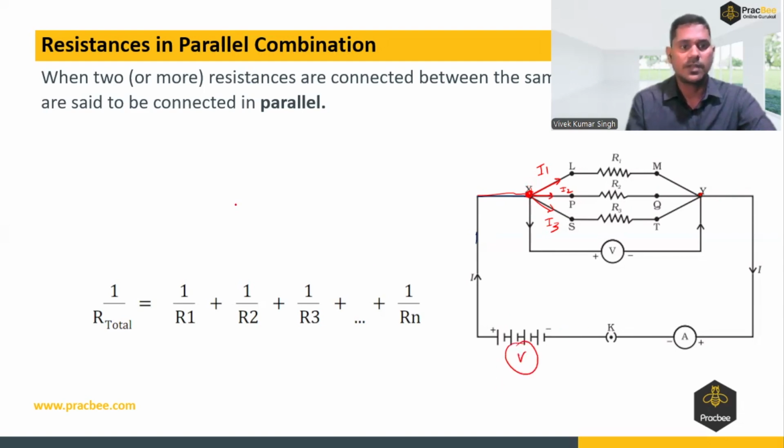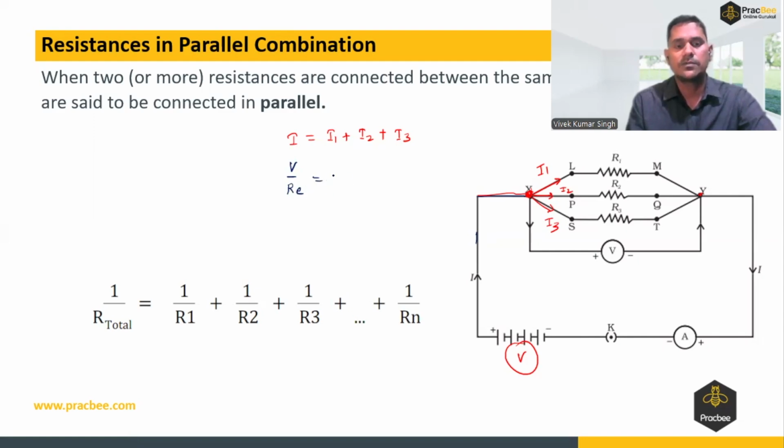Now to find the equivalent resistance, since the current is divided and voltage remains the same, we can see that the total current I is equal to I1 plus I2 plus I3. Now I is equal to V upon R, where V is the total potential and R equivalent is the total resistance.